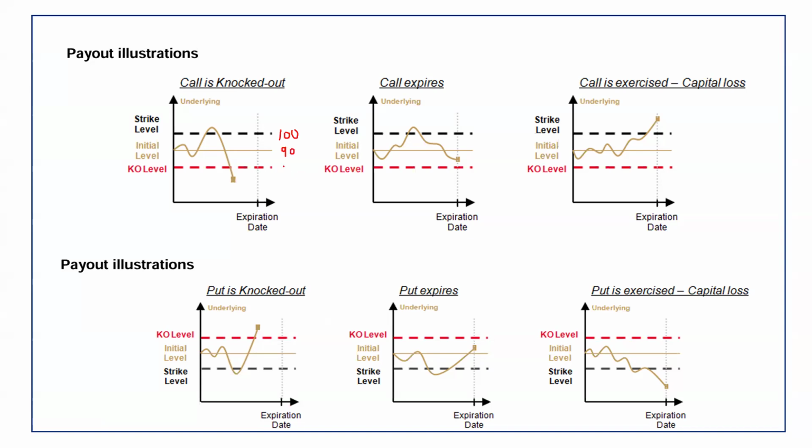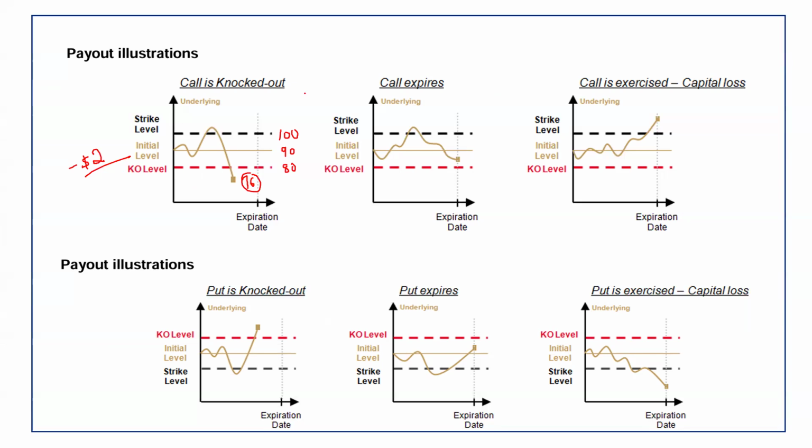You have paid $2 as a premium, and at any point during the life of the contract before the expiry date, let's say the share price touches around 76, you will not get any payoff.